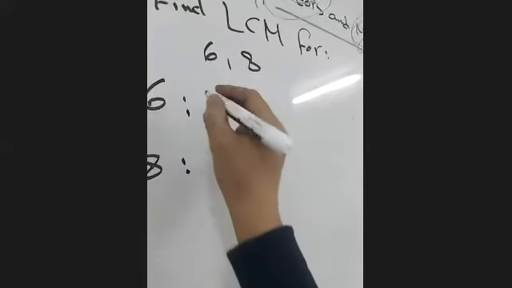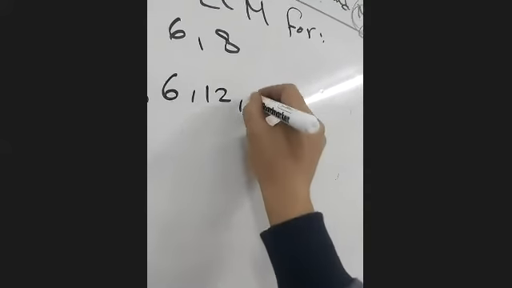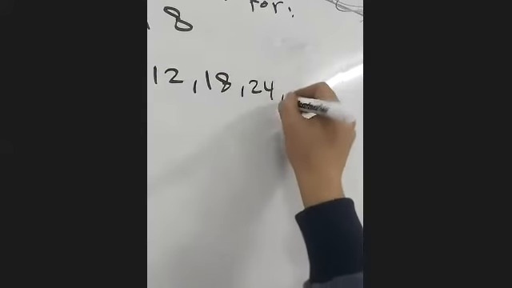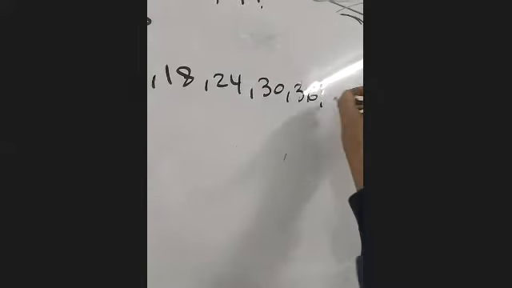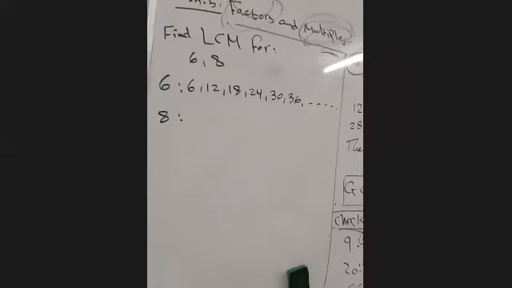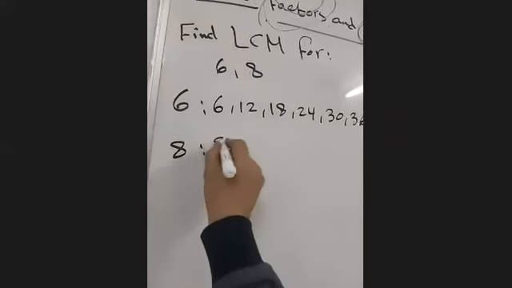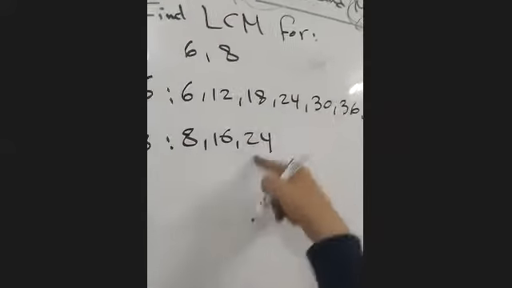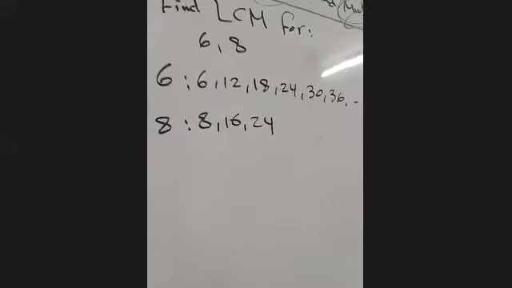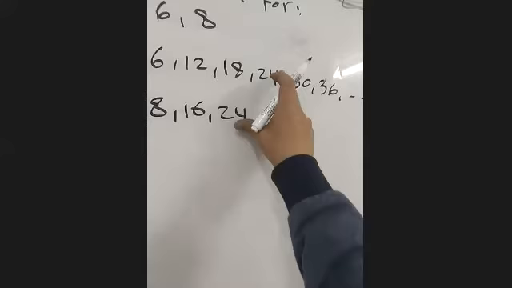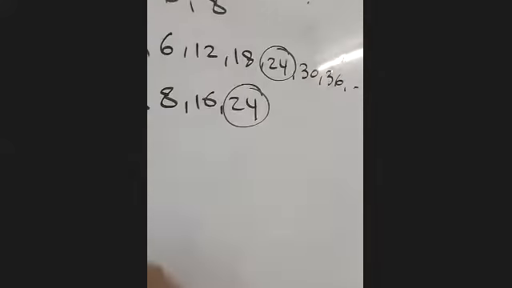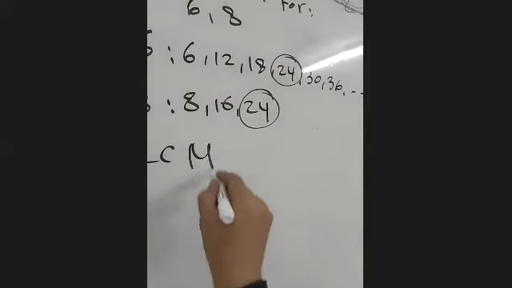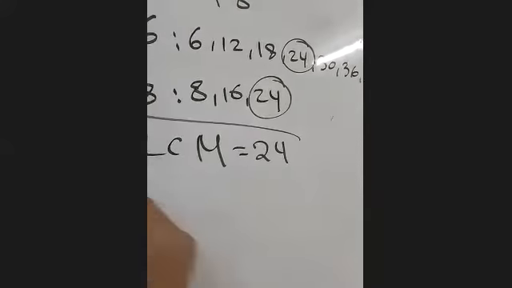Let's start with the 6. We have 6, 12, 18, 24, 30, 36, forever. And the 8, we have 8, 16, 24. Stop. I have it. Once you find the first common, you stop. So the least common multiple is 24.